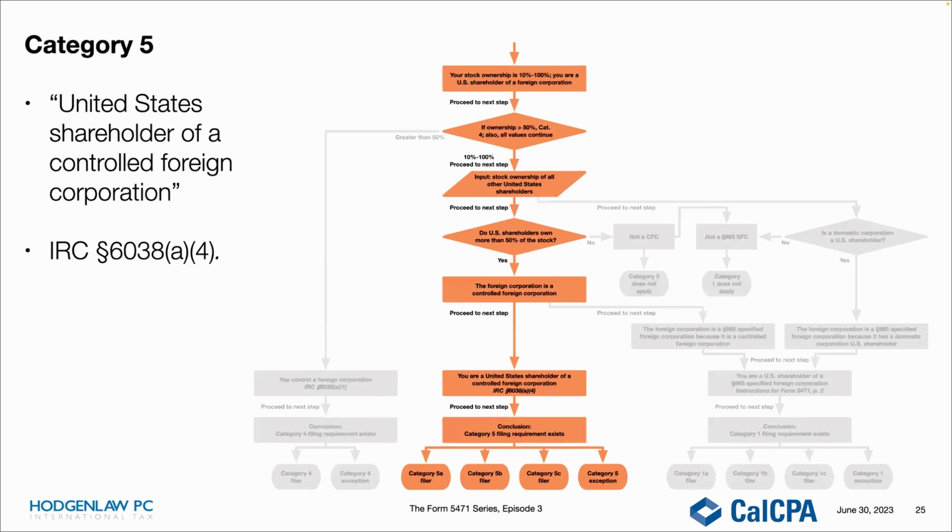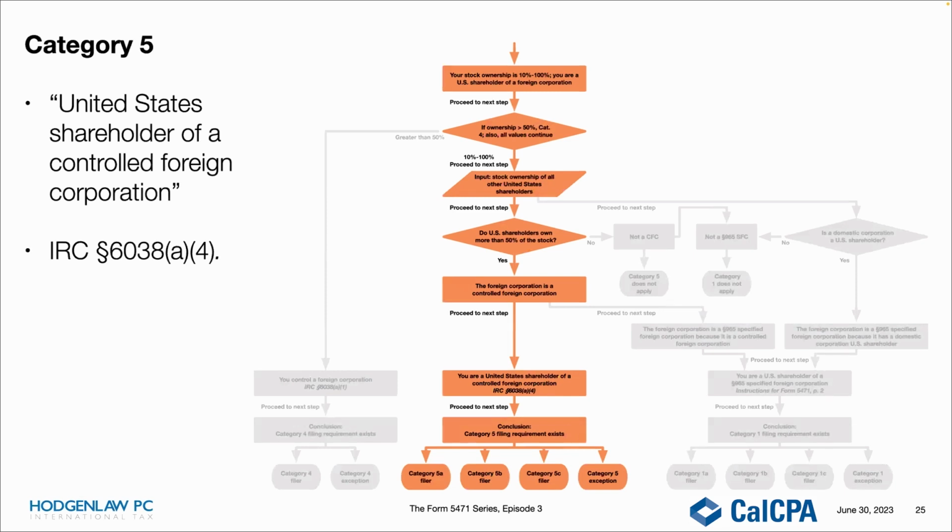So we're going to proceed down, and now you're going to bring in the data on stock ownership of all of the other United States shareholders in this foreign corporation. You're going to have to know who they are and how much stock they have. And God willing, you have access to the corporate information and the share registry, and you know who those shareholders are and whether they're United States persons or not.